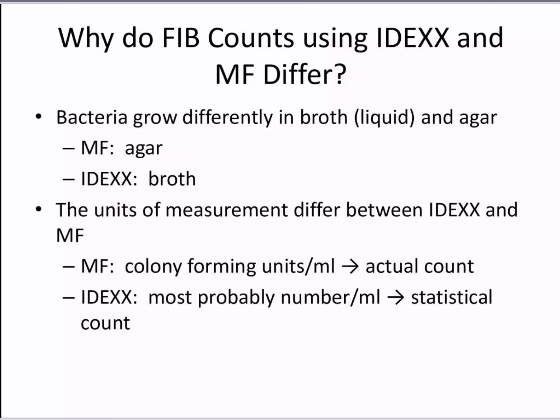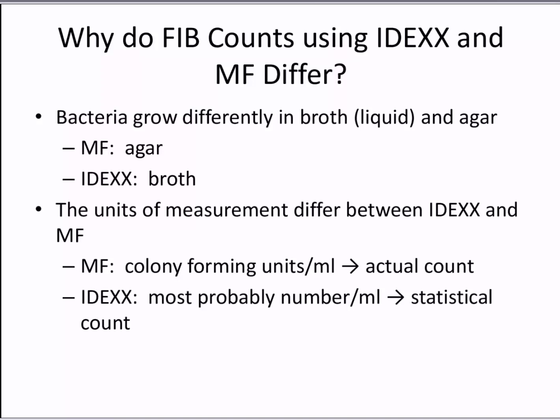The other reason for differences is because the units of measurement differ. In membrane filtration, we're actually counting colony-forming units per ml of water, so we get an actual count. I mean, basically, what we see is the count.